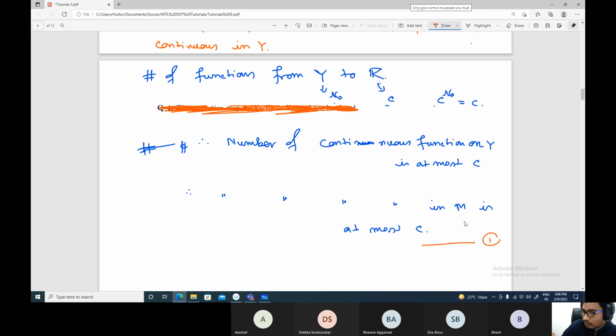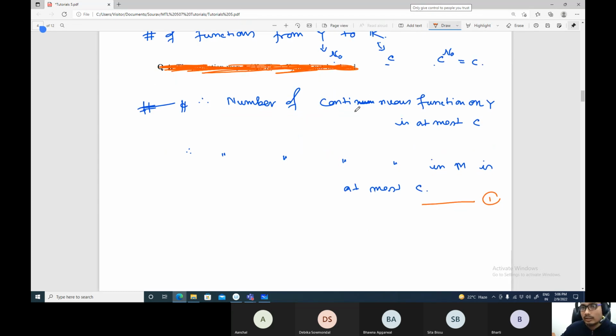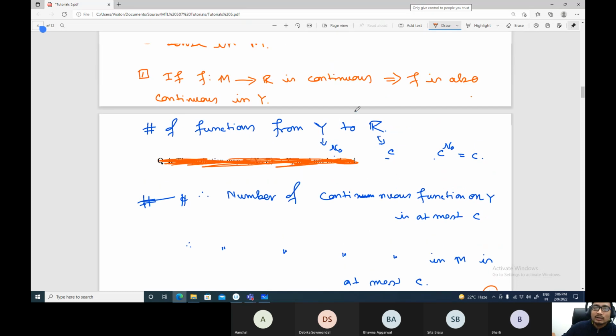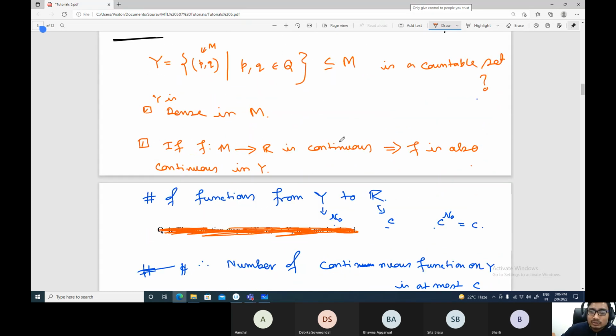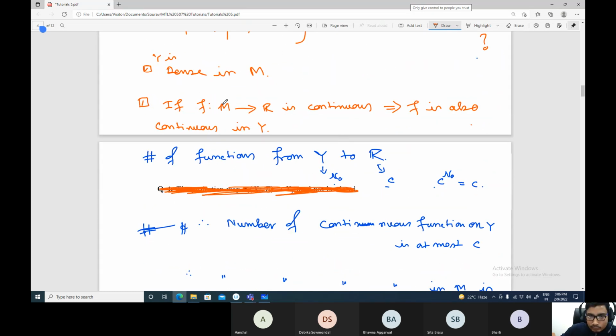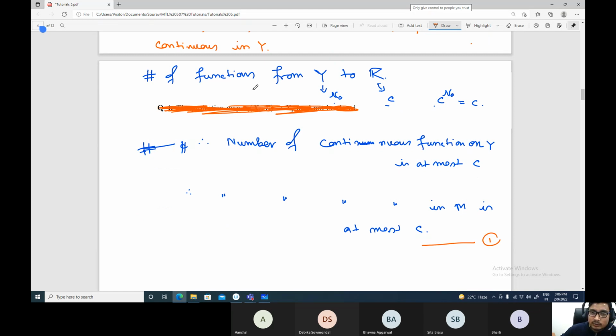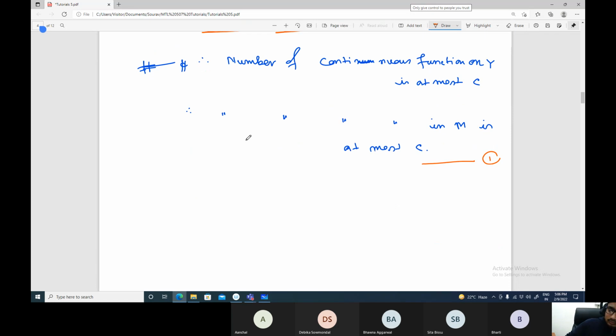So far, I have not used anything from normality or anything from the topology. I have just used that if we have a Moore plane, then the maximum number of continuous functions one can define on the Moore plane is C.